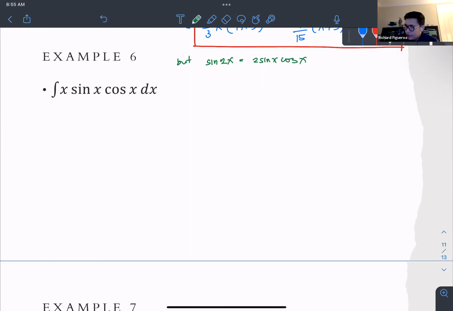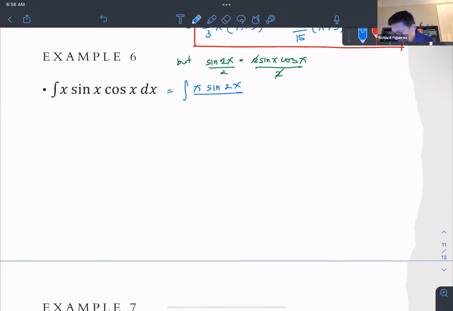Tama? So we divide both sides by 2. Cancel yun. Therefore, what is sine x cosine x? That's the same as sine 2x all over 2. Okay? So itong sine x cosine x, ginawa natin siyang ganito. Sine 2x over 2.